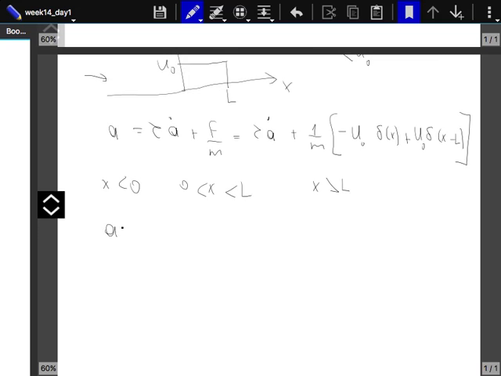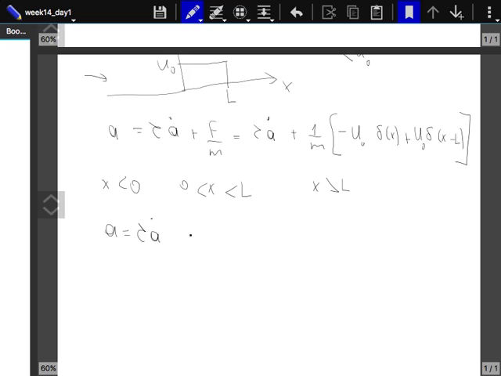The differential equation basically takes this form: A is equal to tau A dot. Because as long as x is not equal to 0 or x is not equal to L, all the Dirac deltas are 0.